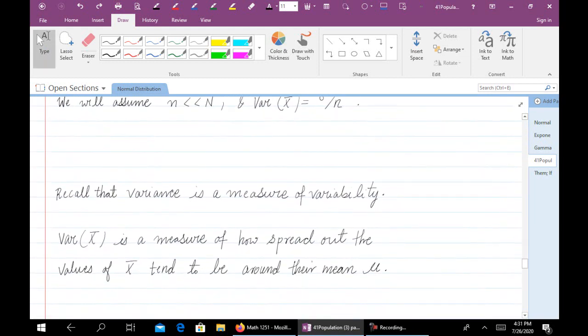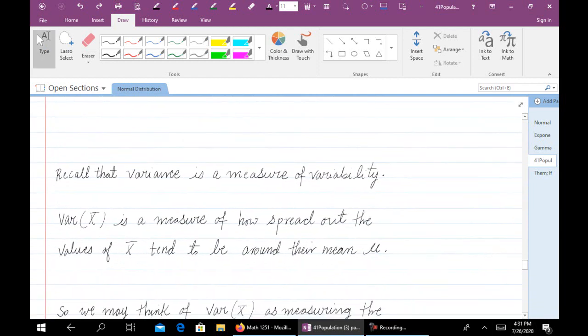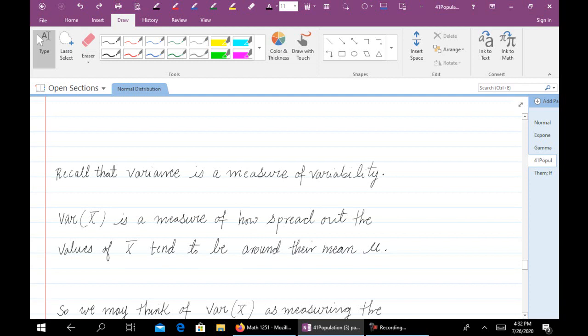Recall that variance is a measure of variability. It measures how spread out the values of x bar tend to be around their mean mu, which is the population mean.